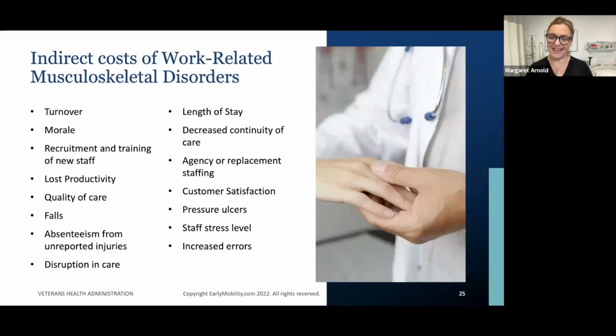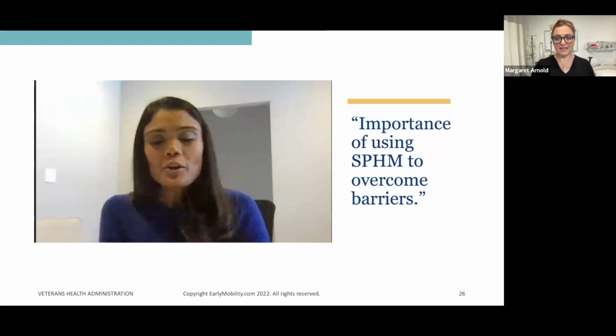We know that there are many indirect costs of work-related musculoskeletal disorders: staff turnover, morale, recruitment, training of new staff, lost productivity, quality of care, falls, absenteeism from injuries, disruption in care, length of stay, decreased continuity of care, agency or replacement staffing, customer satisfaction, pressure ulcers, staff stress level, increased medical errors. The cost when we are tired or sore or fatigued is a lot more than just the cost to us and our families. Let's hear from Dr.